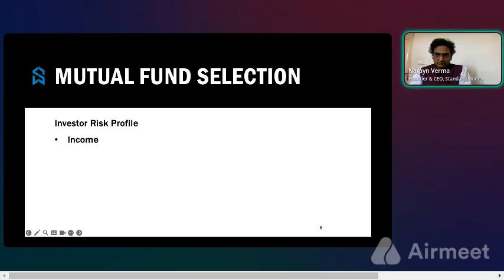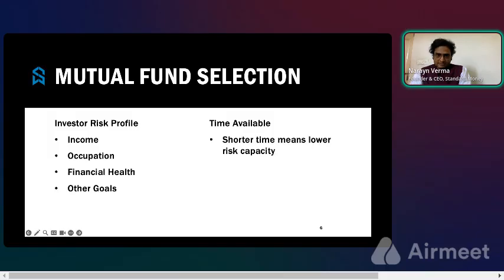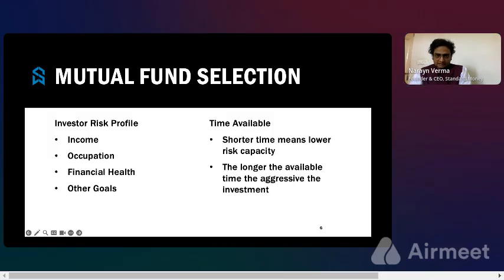So when we select a mutual fund scheme, we look at quite a lot of things. One of those things is investor's risk profile, that is your risk profile, and time available. And once we have all this information, your risk profile will depend on your income, age, occupation, financial goal, your current financial situation, and then how much time you have available.